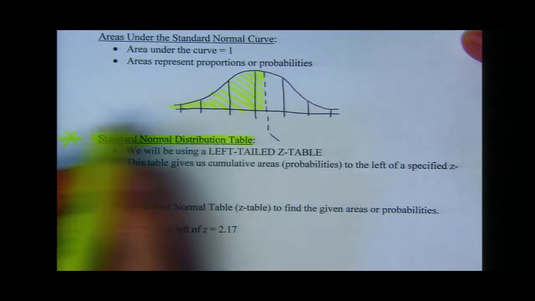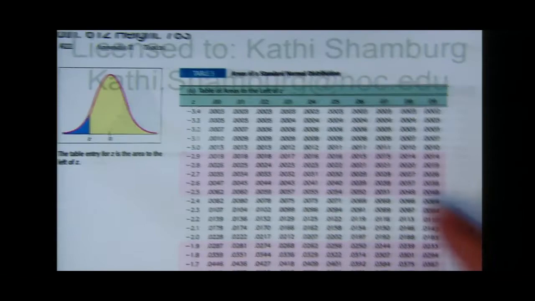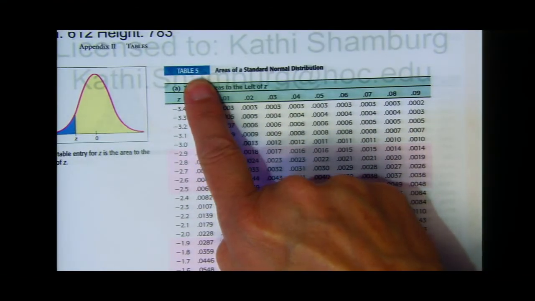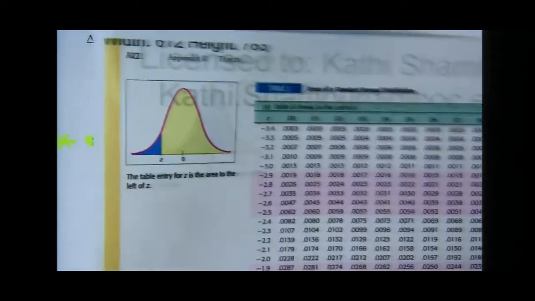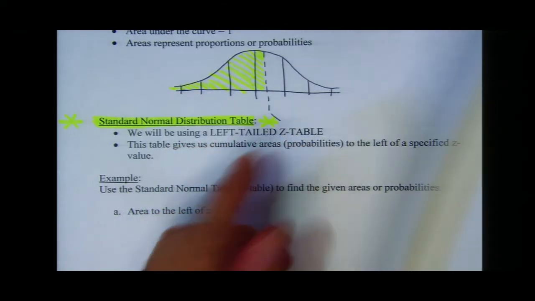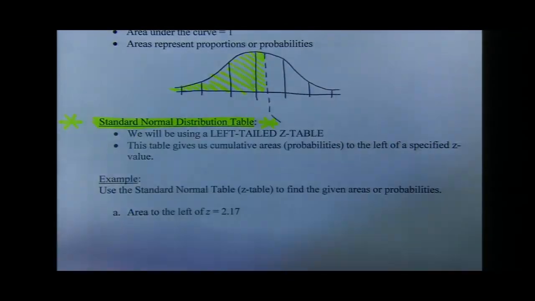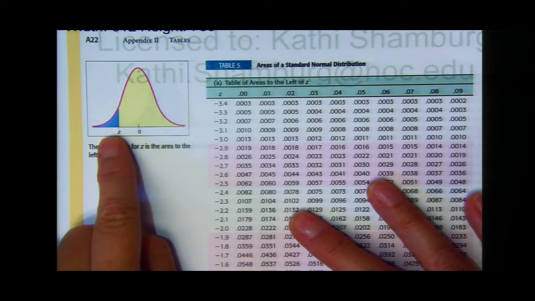Now, this is in your ebook in the reference pages in the tables. It's table 5, appendix 22 and 23. Now, if you'll notice, this says we use a left-tailed z-table. So these two pages are called z-tables, and here's why it's left-tailed.